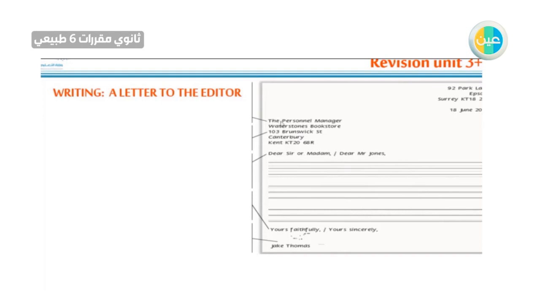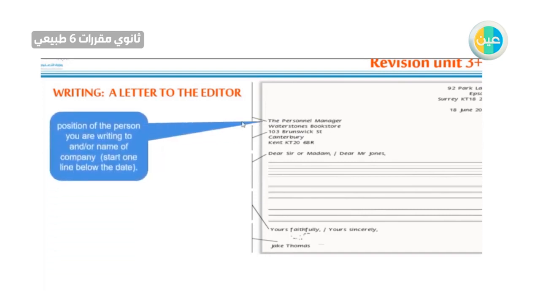Okay. First, you will start with the position of the receiver of this letter. Position of the person you are writing to. Okay, and or the name of the company, not just his position.